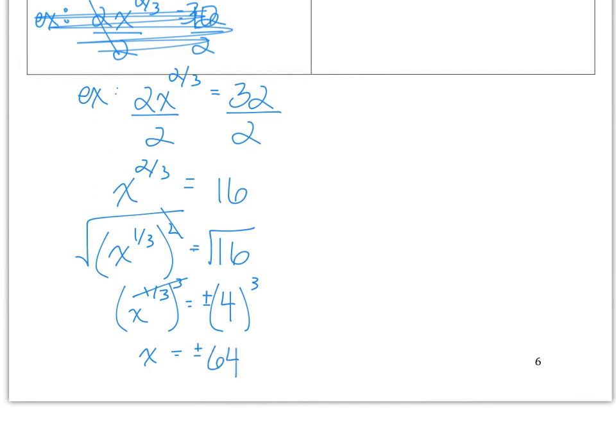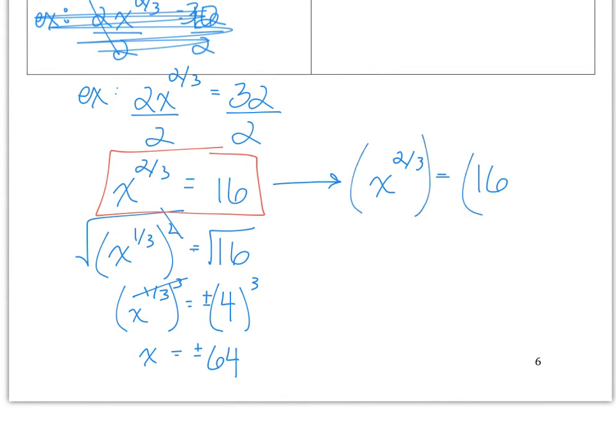I'm now going to show you a very similar way to solve this problem starting from this line right here. So if we take this line and we have x to the 2/3 equals 16, if we raise both sides to the reciprocal power, so the reciprocal of 2/3 is 3/2, then 2/3 times 3/2 will cancel to 1, and I end up with x equals 16 to the 3/2 power.